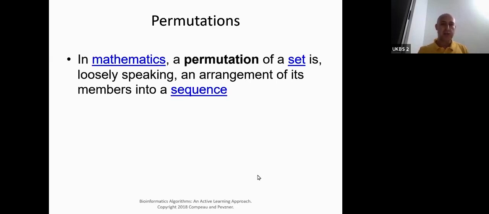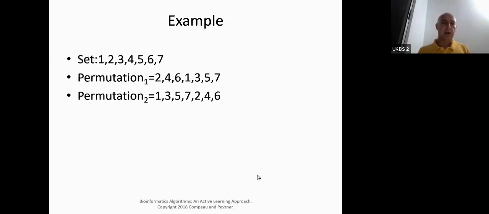A permutation of a set is an arrangement of its members into a sequence, but not necessarily an ordered sequence. A permutation can even be a not ordered sequence.